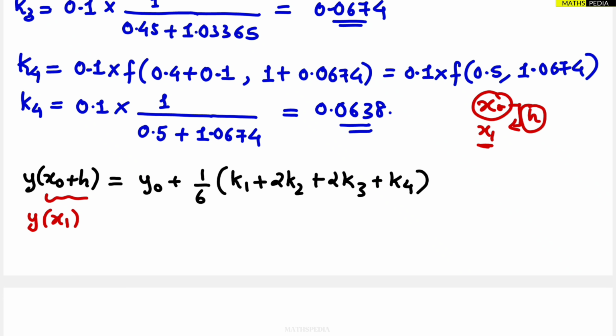Okay, x naught plus h is basically x1, the next floor. If x naught is considered as the ground floor, x1 will be the first floor by taking the step of h. Now what is the x1 value? As we have discussed in the question itself, that is 0.5, the value we need to find out. So that is equal to, now what is y? 1 plus 1 by 6 into k1, and all the values you have to substitute.